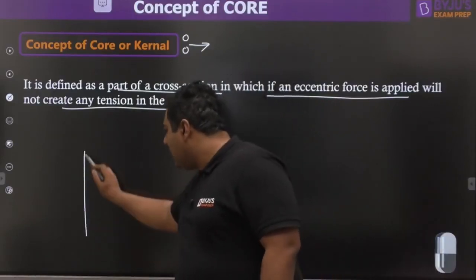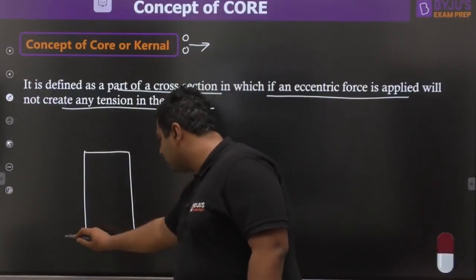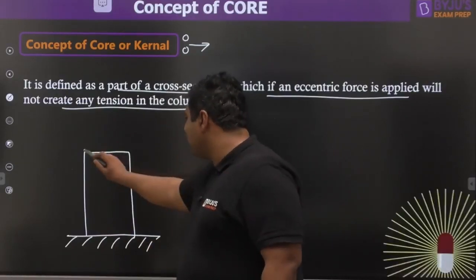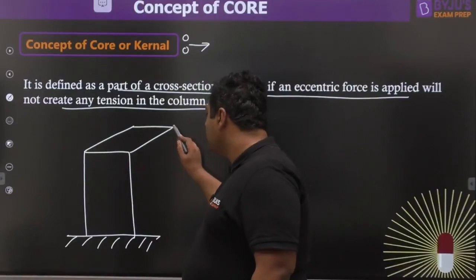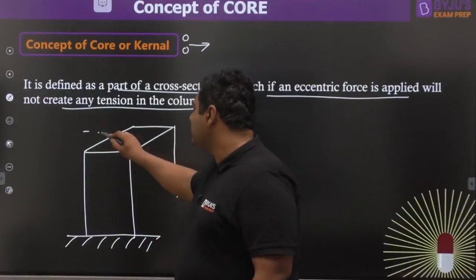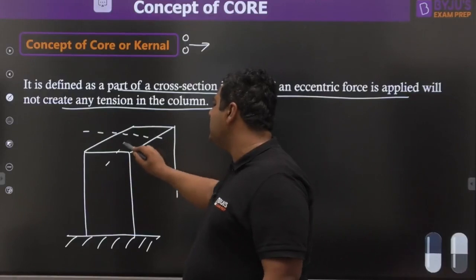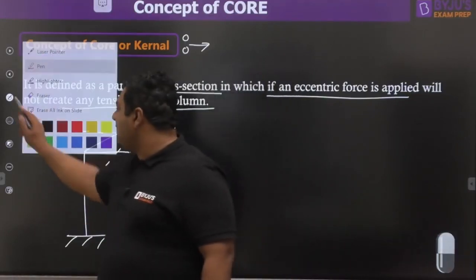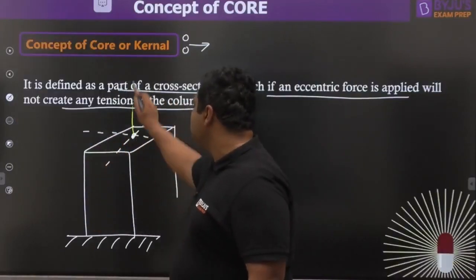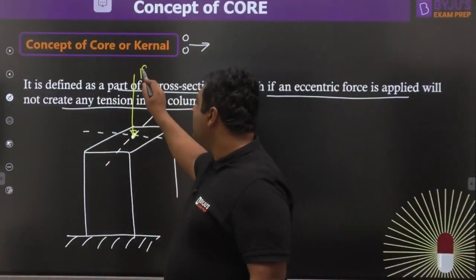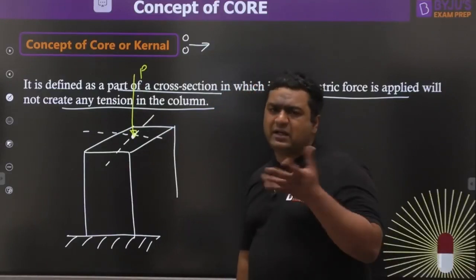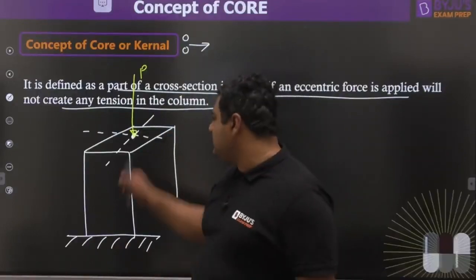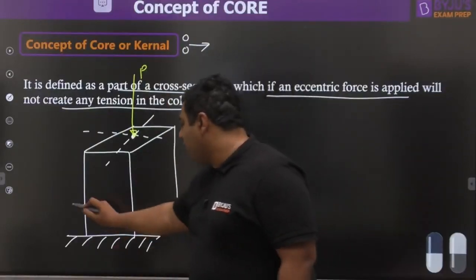Let us say I have a column like this, and this is the cross section. Obviously the cross section has some centroid or CG. If some force is acting at the CG or centroid, then this force will not create any kind of tension because it is a direct compressive force.